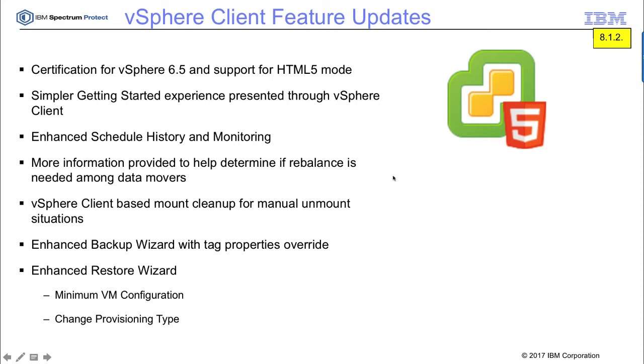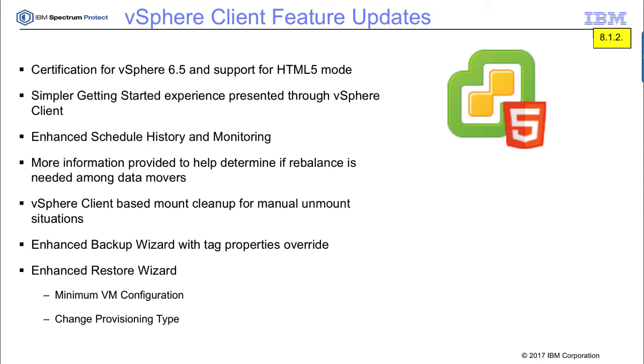So in this release, we have added certification for the vSphere 6.5 web client in HTML5 mode. We've enhanced the getting started experience through the vSphere client, so it helps guide new users through how to set things up and how to use the vSphere client to support Spectrum Protect. We've added some enhanced schedule history and monitoring panels, which we'll see in a screenshot coming up.